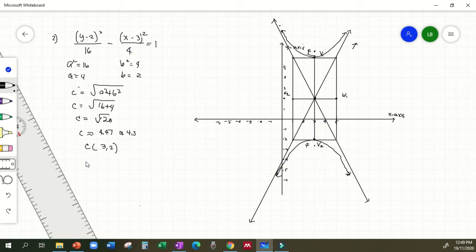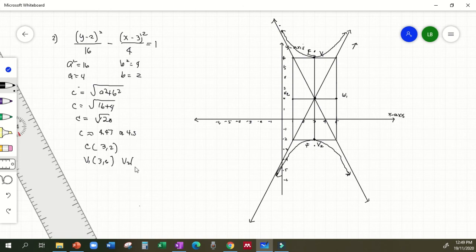Then, the vertex is this point. Yan. So, this one, 3, negative 2. Ito naman ay 3, 6. So, 3, 6.